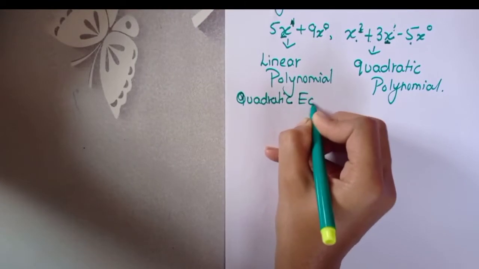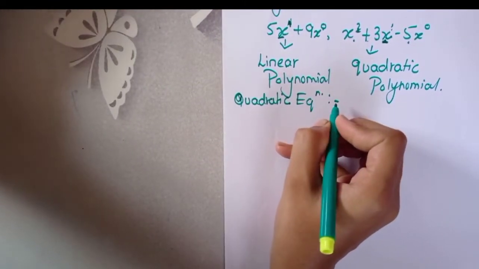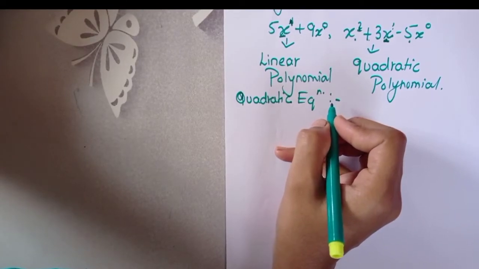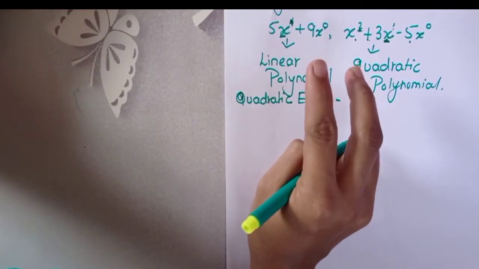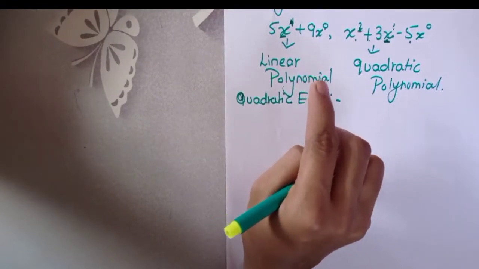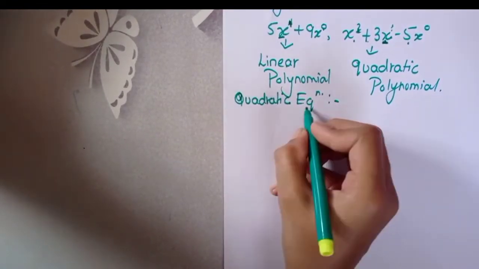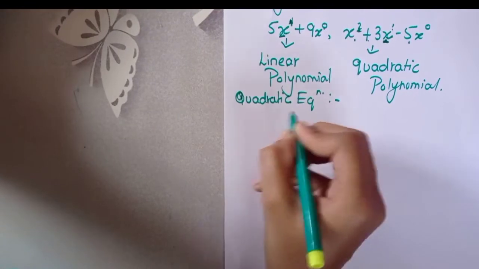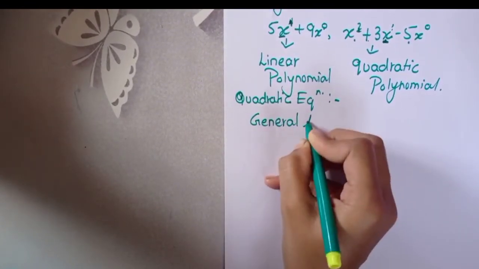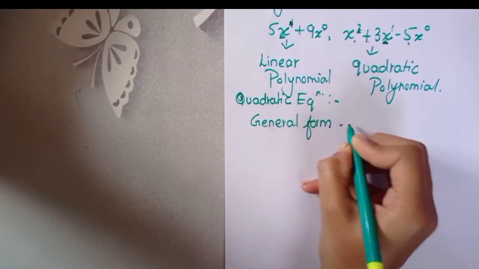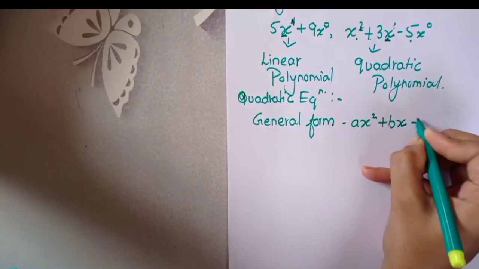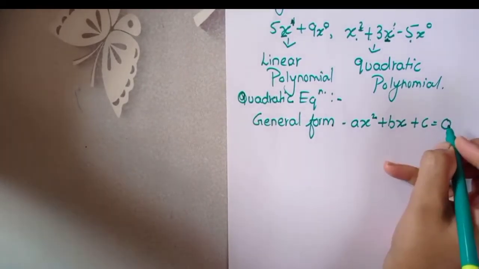Quadratic equation. An equation involving one variable and having 2 as the maximum index of that variable is called a quadratic equation. For example, I will take the general form ax square plus bx plus c is equal to 0.